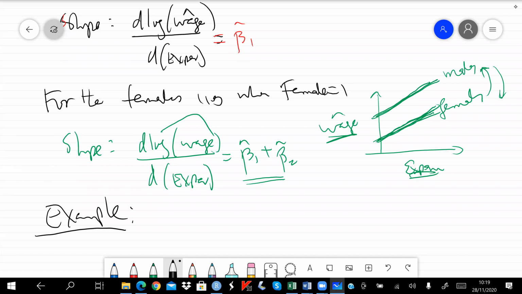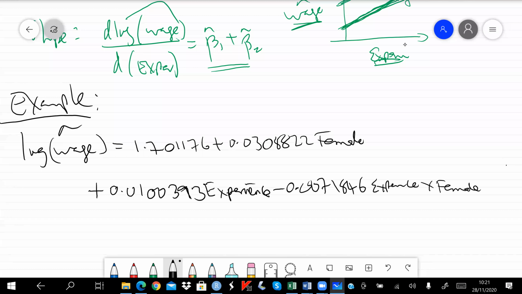Using an actual output here. So let's consider this model. The estimated log of wage is given by all this.